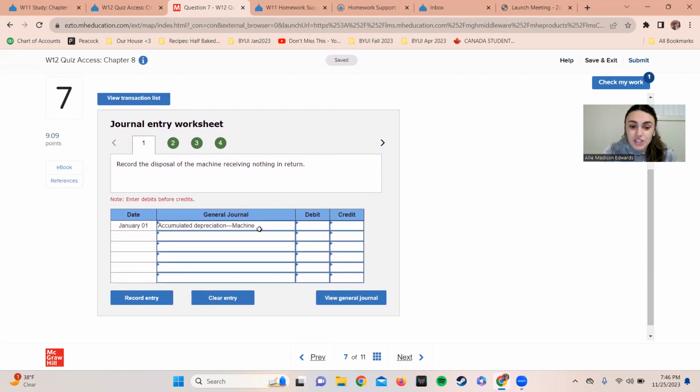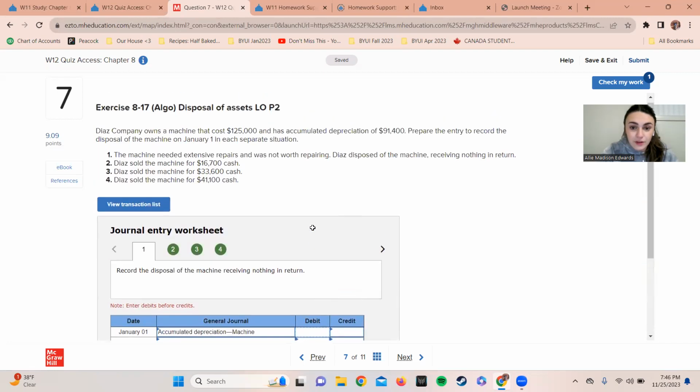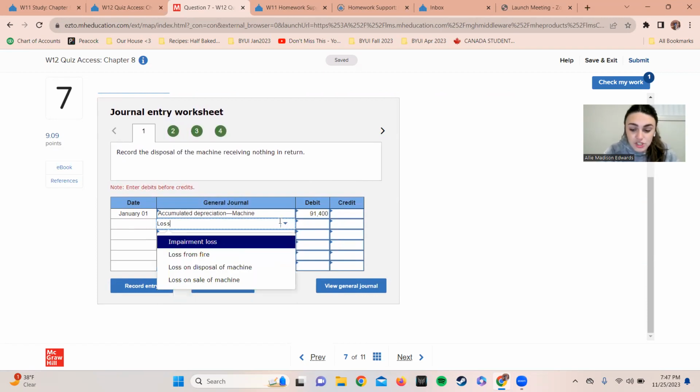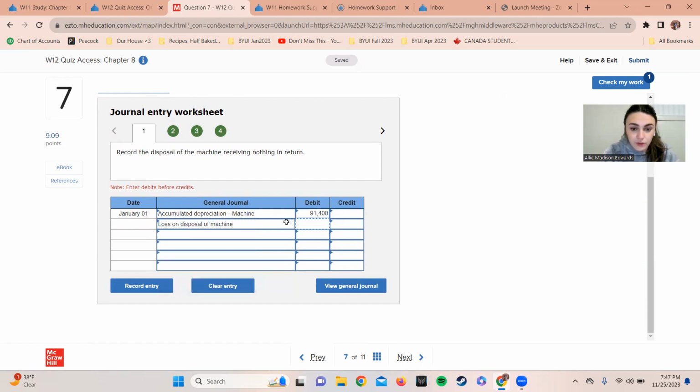So accumulated depreciation is how we're going to start with this machine, and that is going to be $91,400. We are then going to report our loss on this machine, since they're disposing of it. That is also going to be debited.